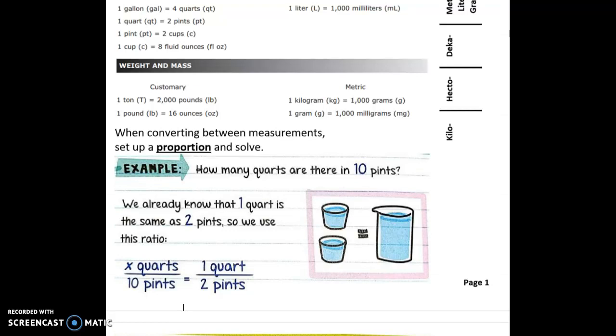How do you go from 2 to 10? You multiply by 5. So how do you go from 1 quart to this unknown quart? Multiply by 5. And 1 times 5 is 5 quarts.